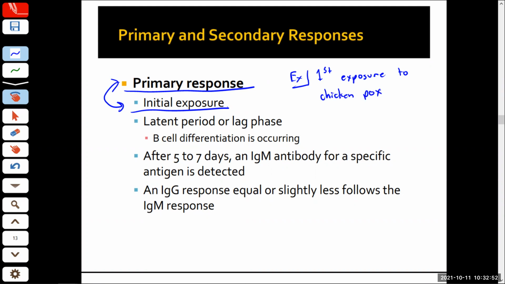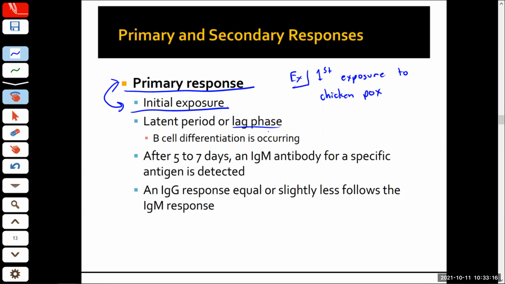When you first get exposed to chickenpox, do you know that you got exposed? No, usually you find out about a week later, give or take a few days. There's this lag phase because that virus is just replicating. How long does the chickenpox typically last, those hives? Seven to ten days.